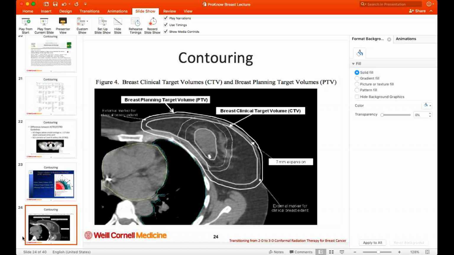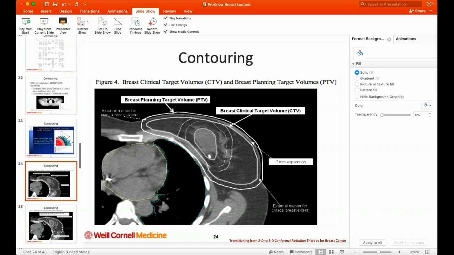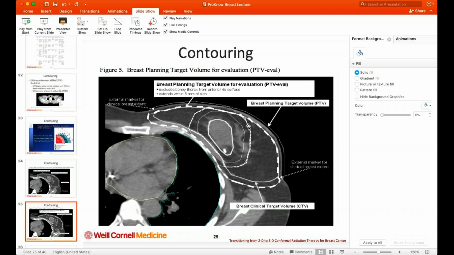And then you also create a breast PTV eval. So the reason you create the breast PTV eval is, again, because of the lack of sufficient dose being given until you're about 5 millimeters from the skin.